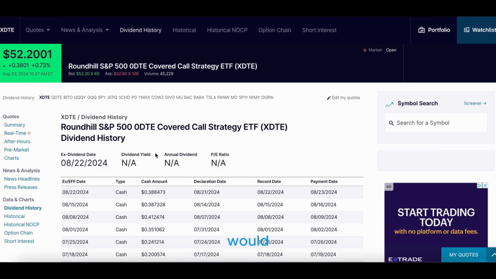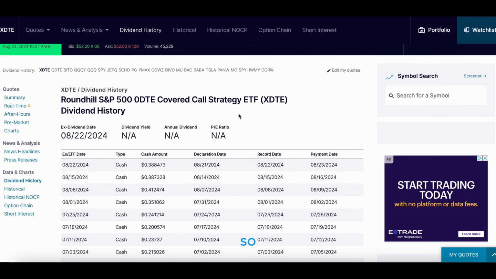So why would anyone want to invest in QDTE over XDTE? It is based just on the volatility. The premium will be higher, so you'll get more dividends. But XDTE is more expensive and provides less in dividends. So why would anyone want to invest in XDTE?